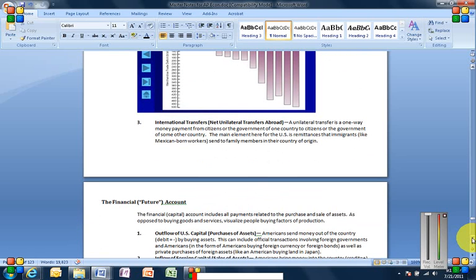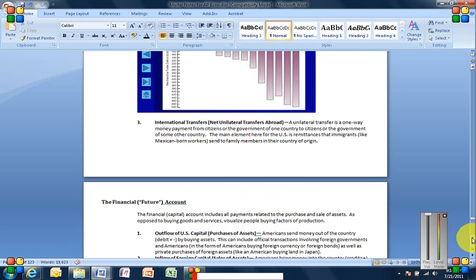International transfers, the net unilateral transfers abroad, are, as I said before, one-way money payment from citizens or the government of one country to citizens or government of some other country. So let's say our government decides to send aid to some African countries. That would be accounted for under international transfers or net unilateral transfers abroad.